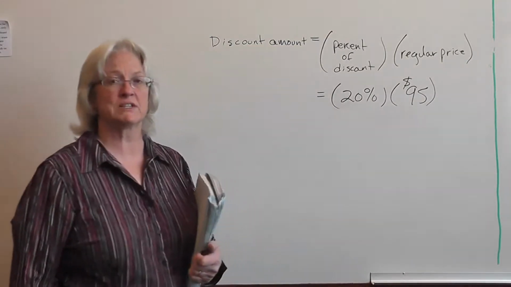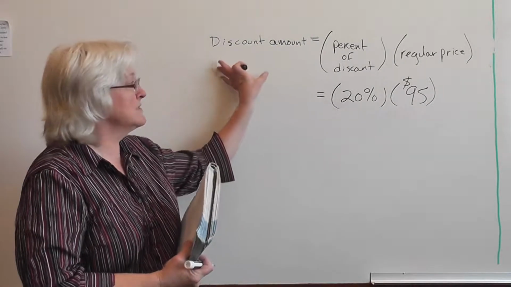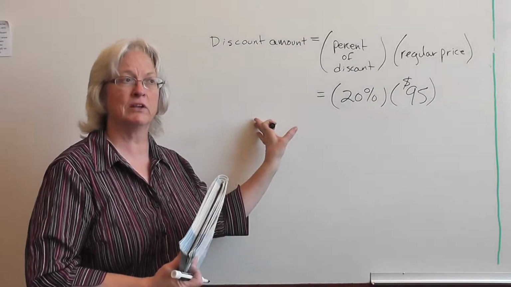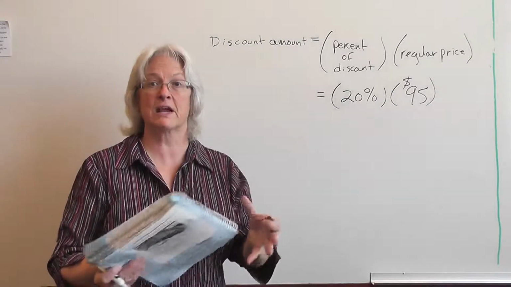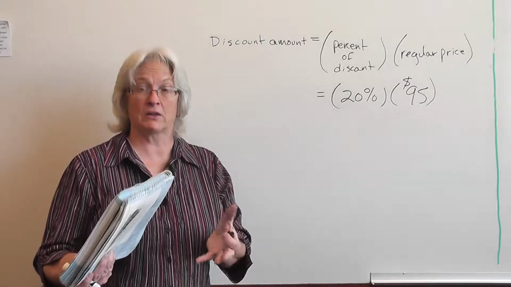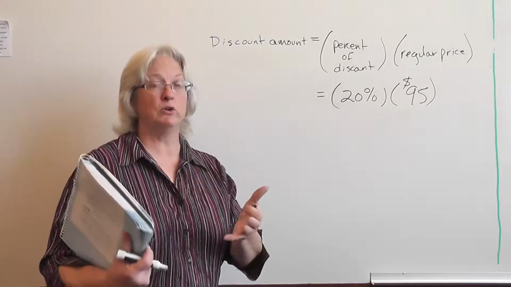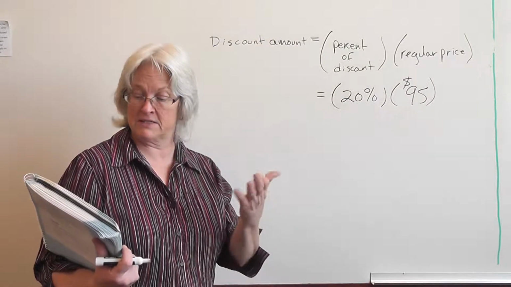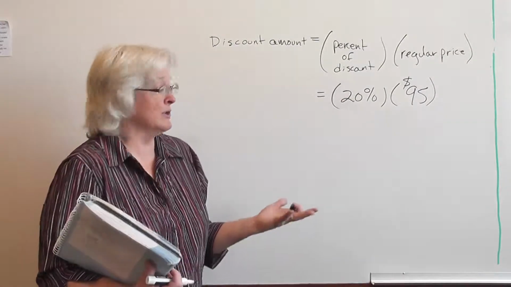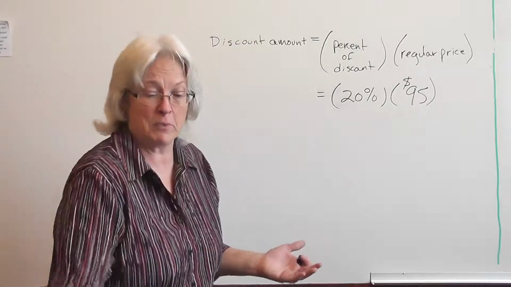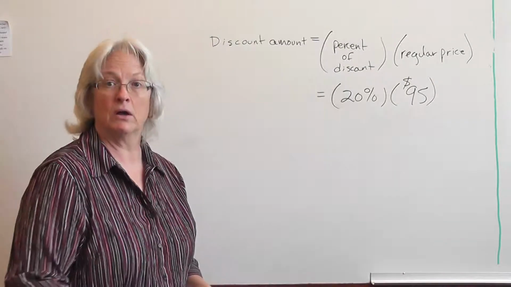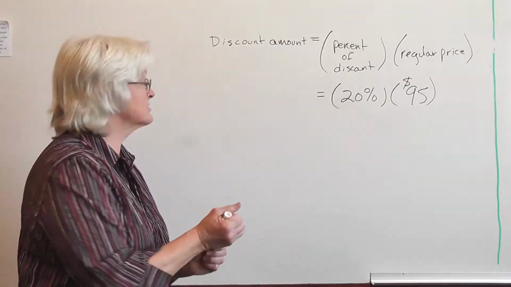So 20% of $95, that's going to give us the discount amount. And that's what we really care about, because we're thinking, okay, I've been saving up to buy this backpack that costs $95. Do I have enough money if I have $78 that I've saved? We're not going to be concerned about tax here.